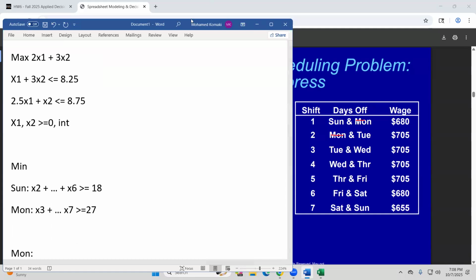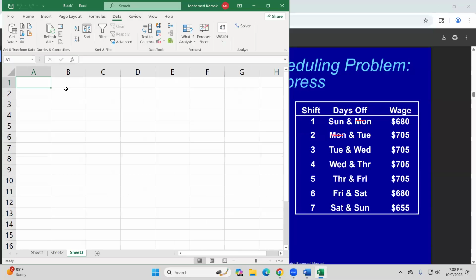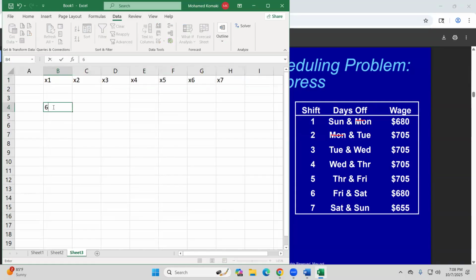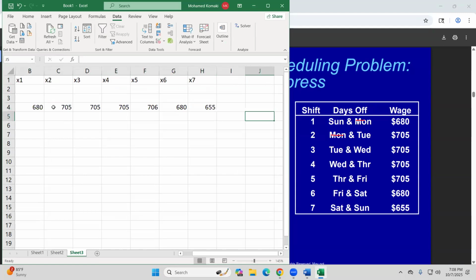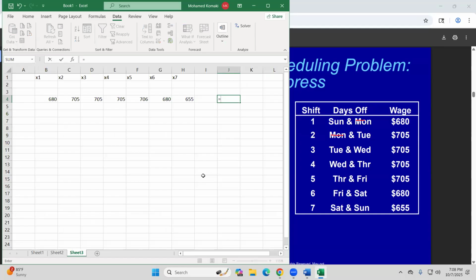All right, so help me with this. How many decision variables do I have? I have 7, right? And I have a cost associated with each of these: 680, 705, 705, 680, 650.